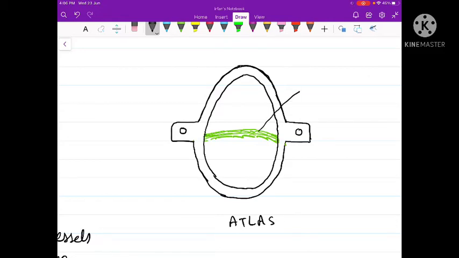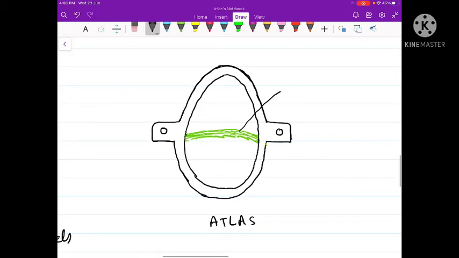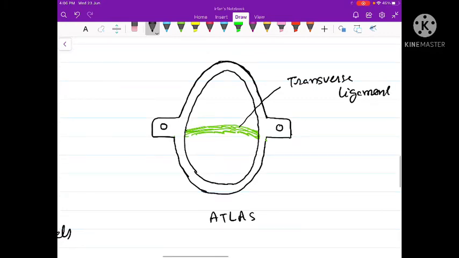In the living state, the atlas has a ligament called the transverse ligament. The central cavity within this ring-like vertebra is divided into two chambers by this ligament, the structure in green, which is the transverse ligament.